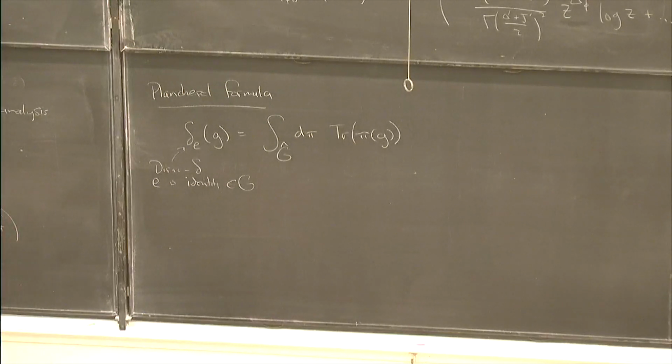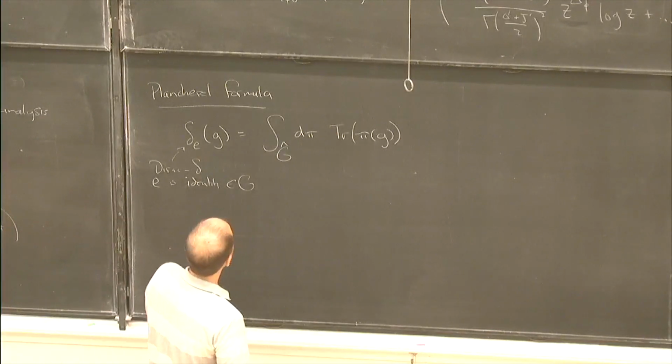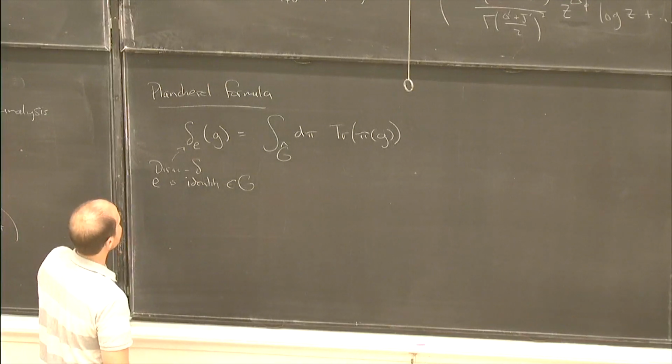So, sorry, do you want something like 1 over the dimension of pi? No. Oh, okay. Good. So, okay, E is the identity element.